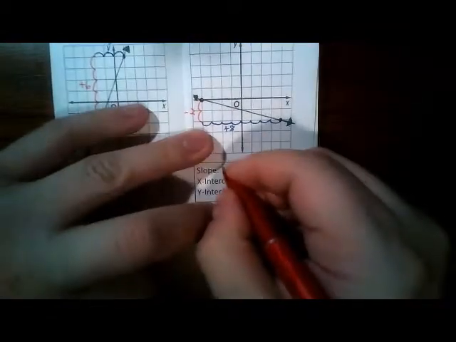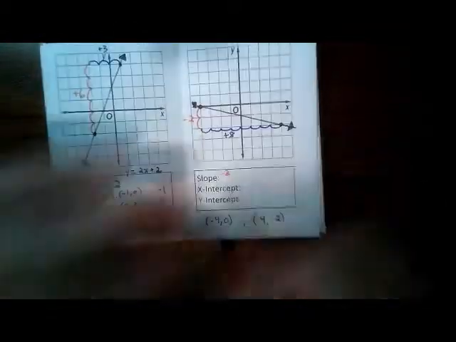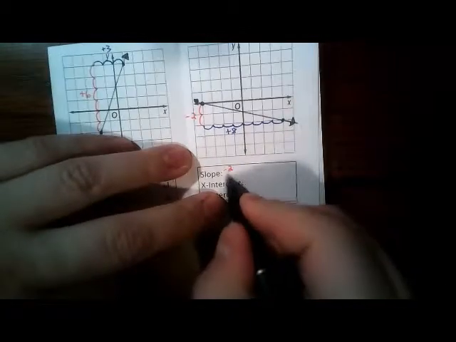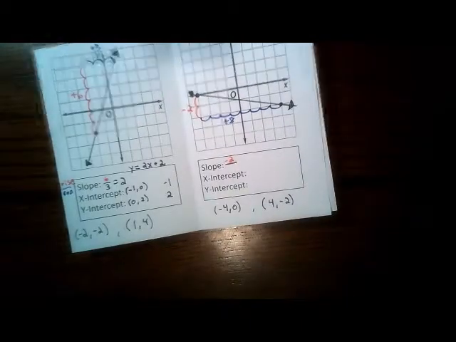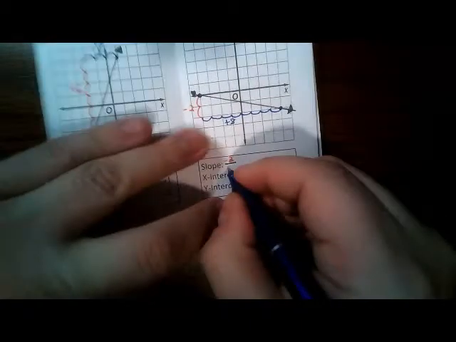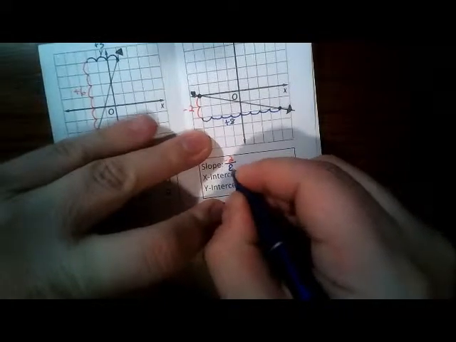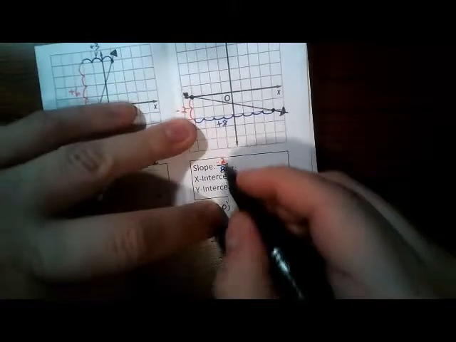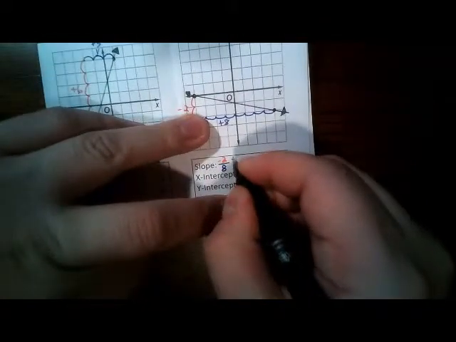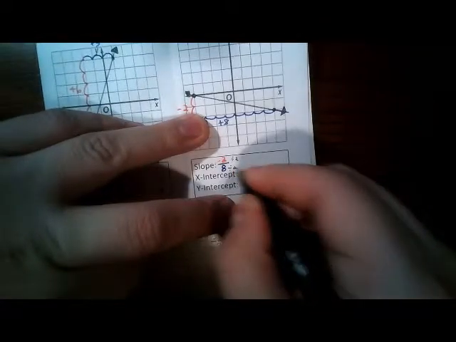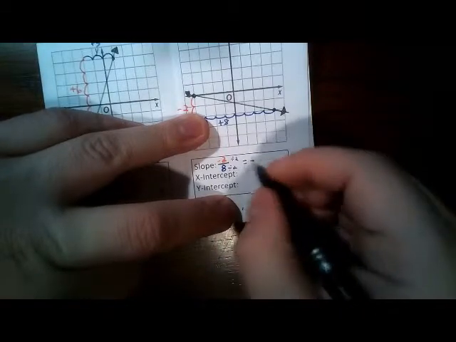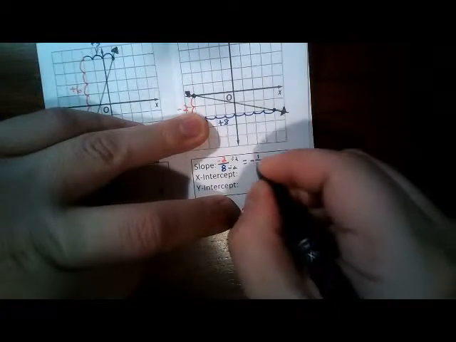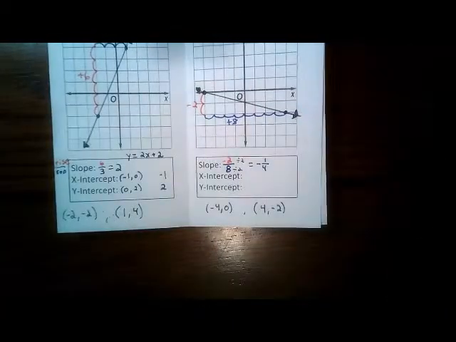So that's a slope of negative 2 over a positive 8. And if I reduce that, right, 2 goes into both. Divide by 2, divide by 2. Negative 1/4. So my slope is negative 1/4.